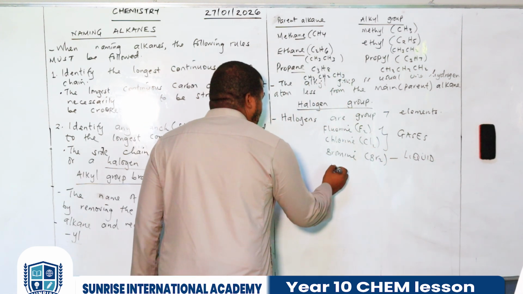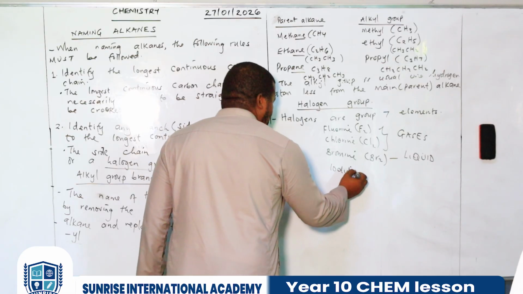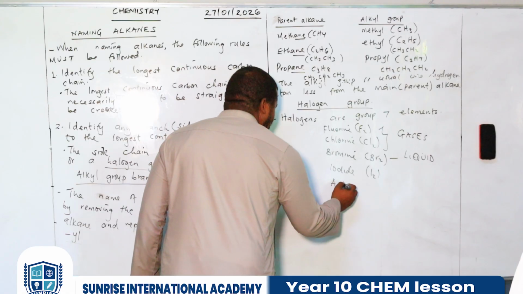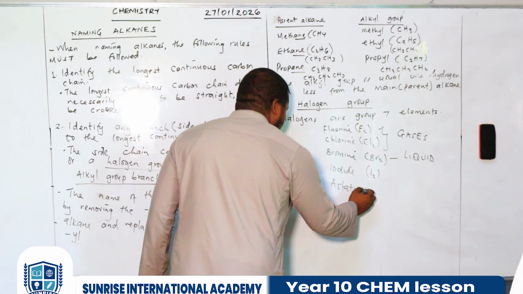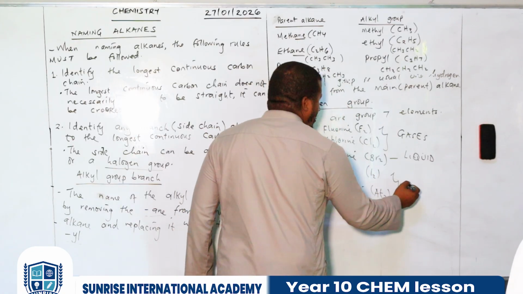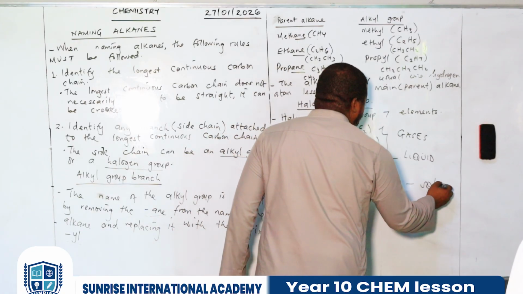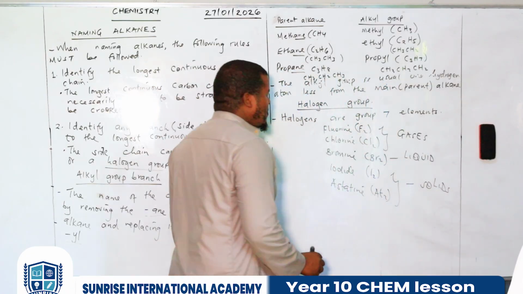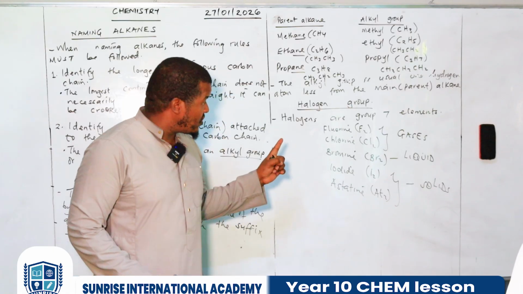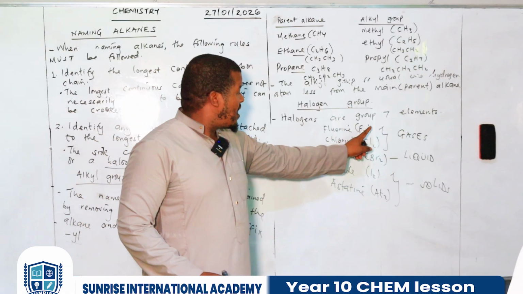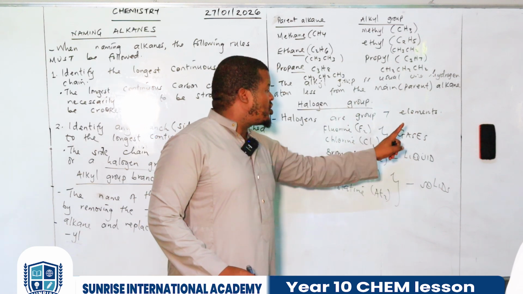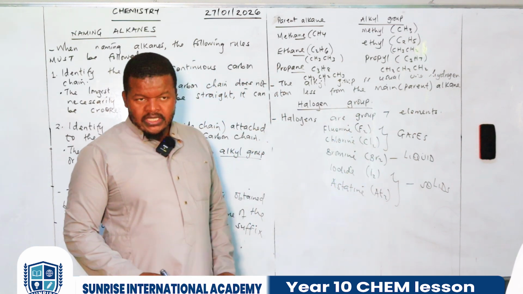Go to iodine, I2, astatine, At2. These two are solids at room temperature. So group 7 is a very unique group because it has at least one member from each physical state of matter.